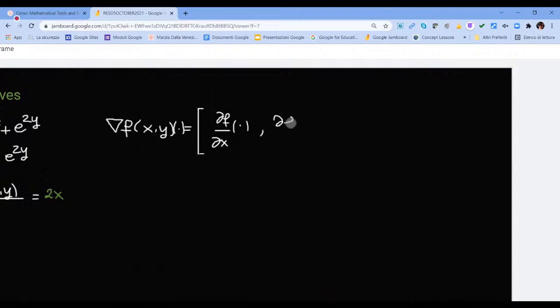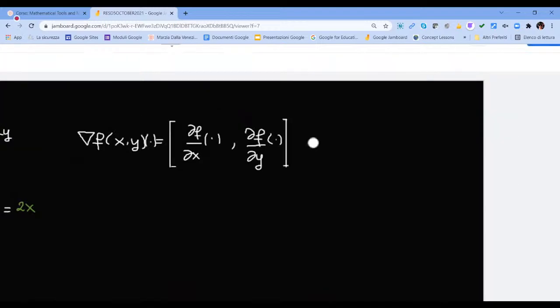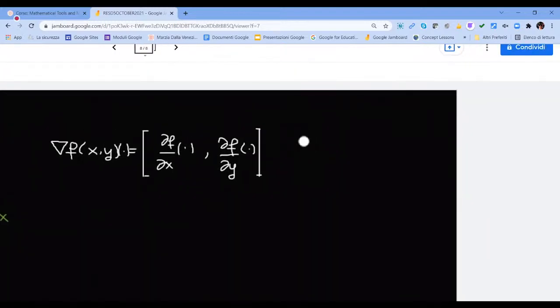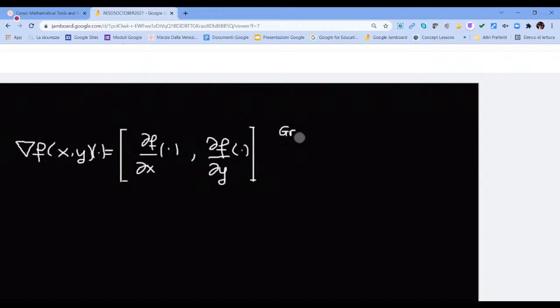The vector will have as many components as there are first partial derivatives, that means the number of the variables. This is the gradient of f. Of course, if we have a function of more variables, the gradient will have more components.